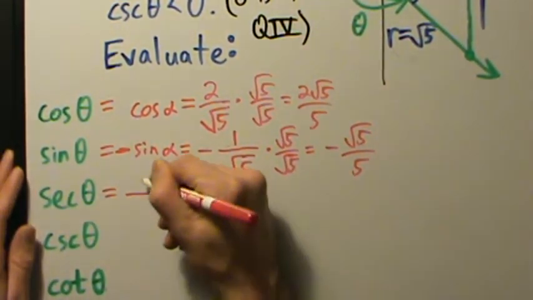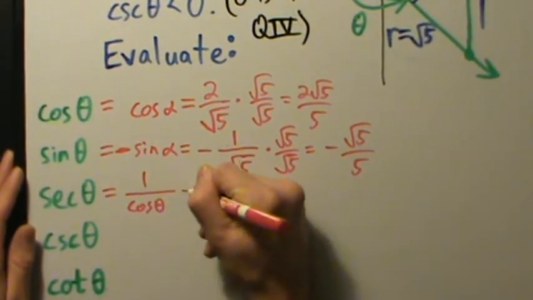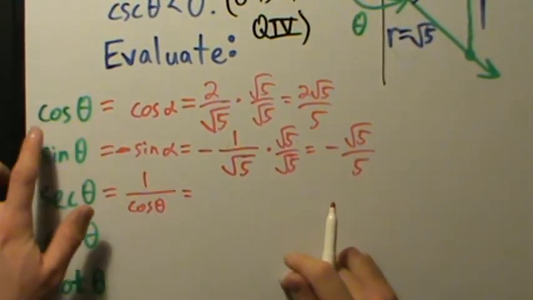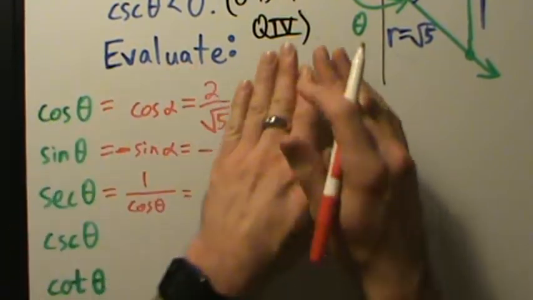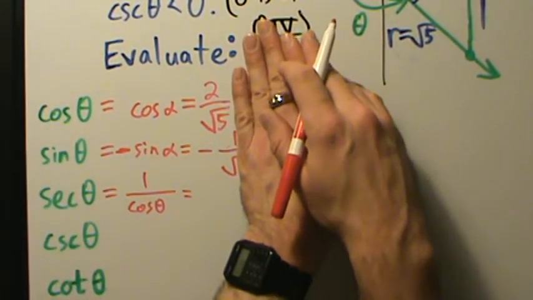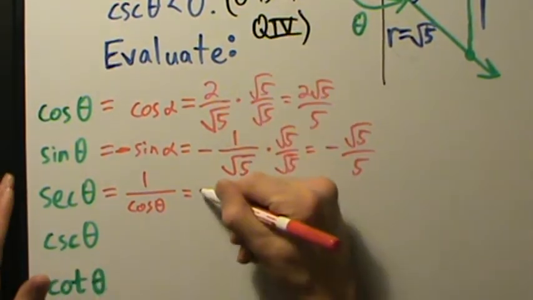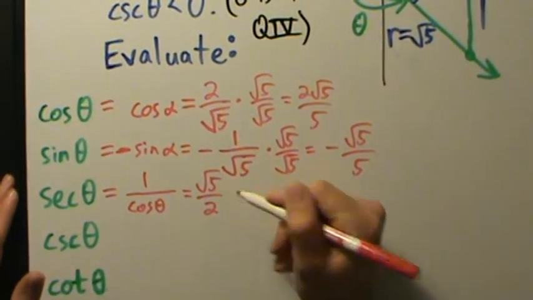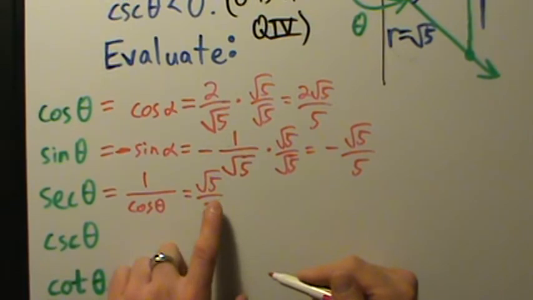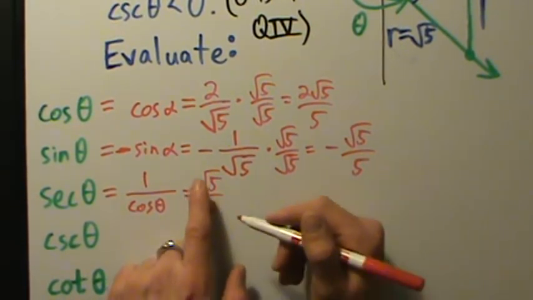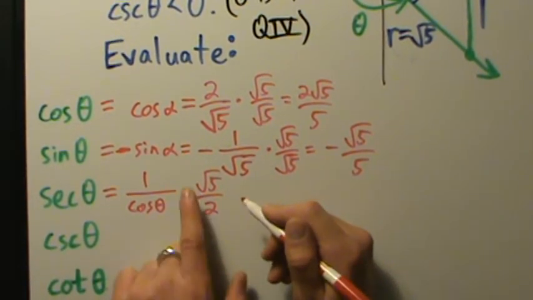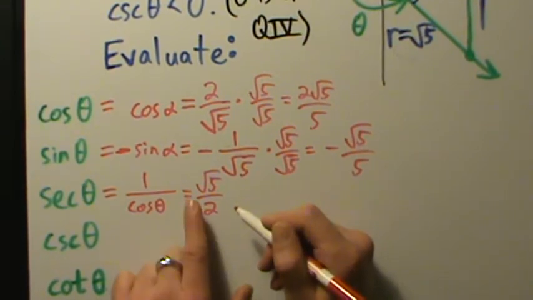Secant of theta is 1 over cosine of theta, and cosine of theta, we just found out, is 2 over root 5. So forget about the rationalizing stuff. The reciprocal is root 5 divided by 2. Remember, the square root's only on the 5, so be careful with that. So that's the secant.